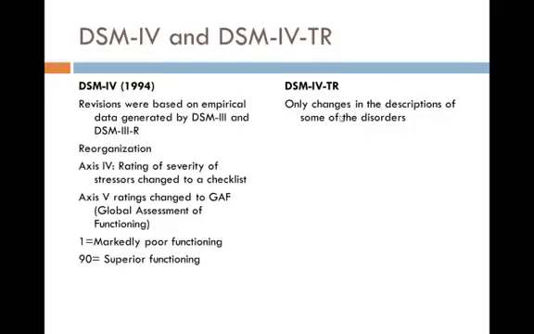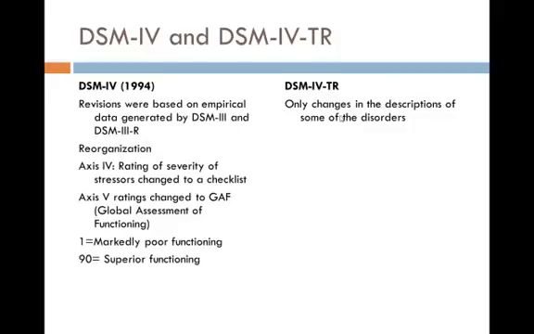So axis 4 ratings pertain to the severity of stressors that was changed to a checklist. And also axis 5 was changed to the GAF, the Global Assessment of Functioning Scale, whereas before there wasn't the assessment of the global functioning.